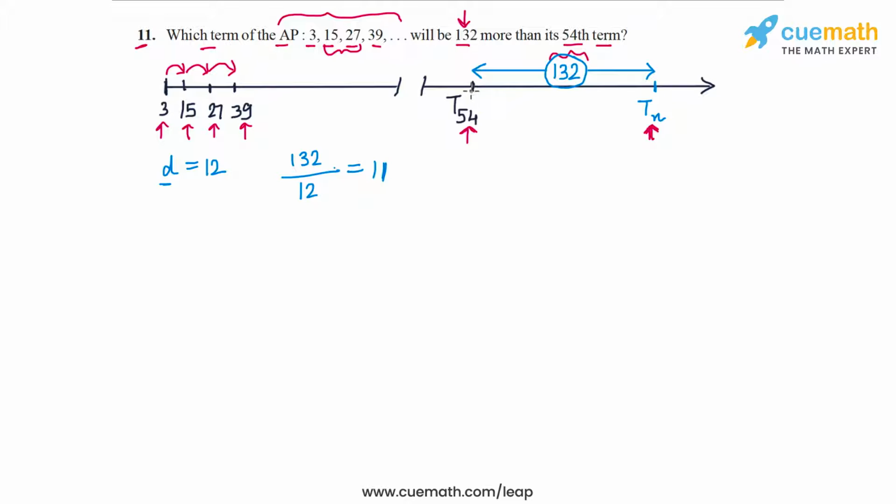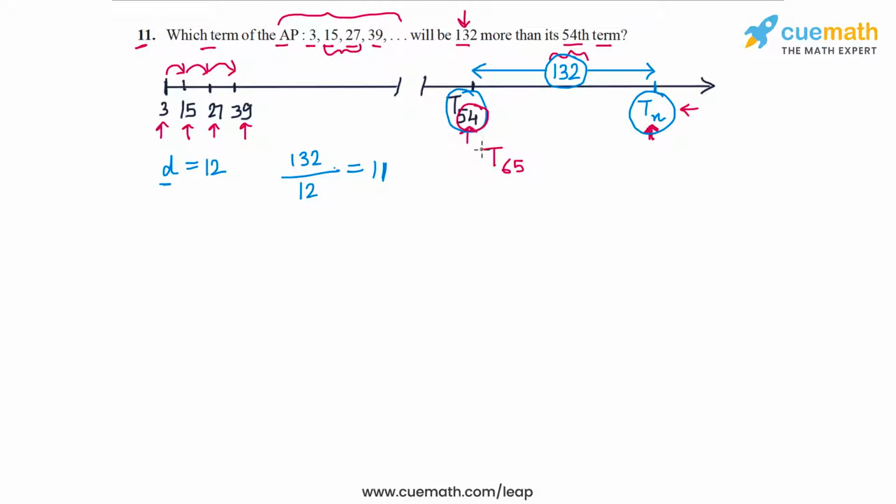So we would have to make 11 jumps, or we would have to go 11 terms ahead from the 54th term to land at this term, which is 132 more than the 54th term. And this means that to find the position of this term, all we need to do is add 11 to 54. So that's 65. And this means that T65, or the 65th term of the AP, is 132 more than the 54th term.